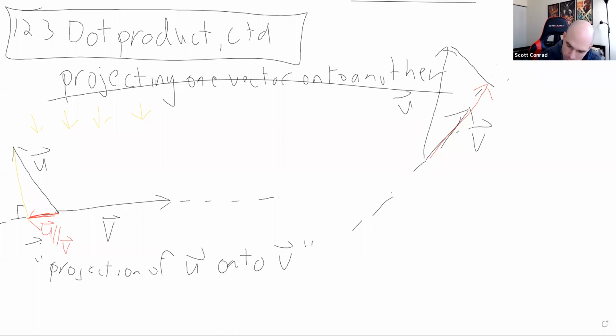Then the projection of U onto V is no longer going to be pointing in the i direction. So you're always going to get a vector parallel to V, right? Because it points either in the same direction as V, as this one does here, or points in the opposite direction of V. But it's always going to be parallel to V. So we think of the projection of U onto V as not the component. Now think of it as like the part.